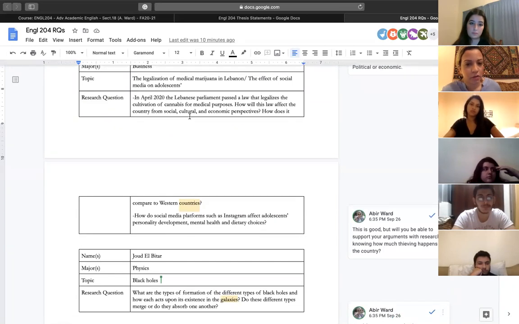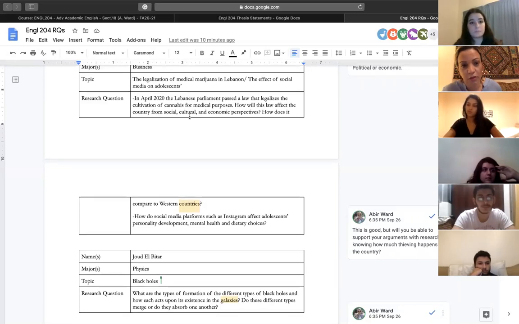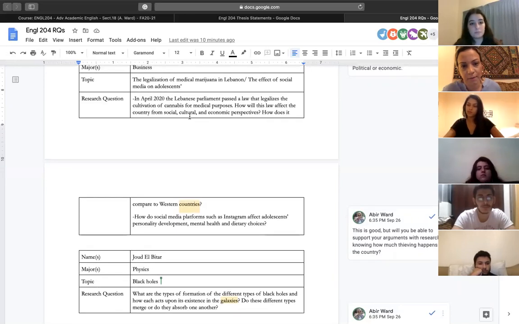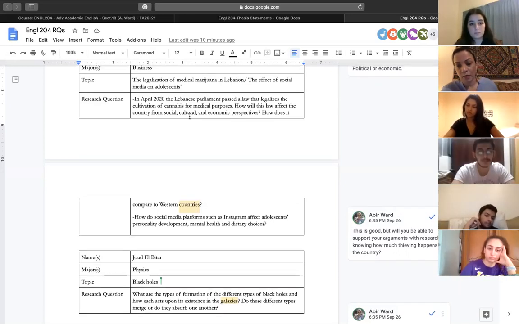Too broad. How does it compare to Western countries? Even more broad, because you're tackling so much. And the problem with Lebanon is that we don't know what will happen given the current situation. So when we say economic, we really have no clue right now. Whatever you're writing about would be hypothetical.